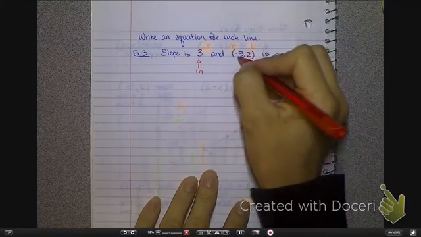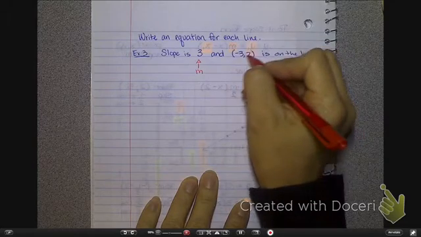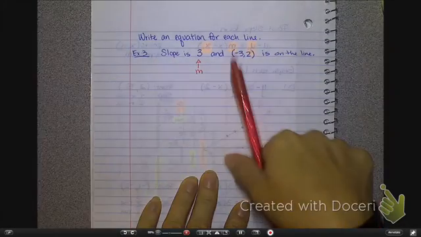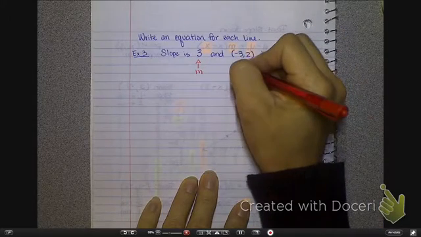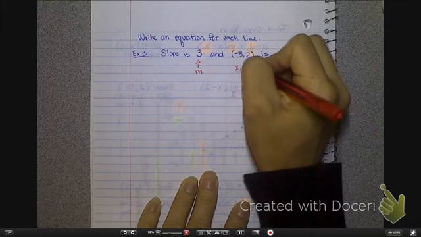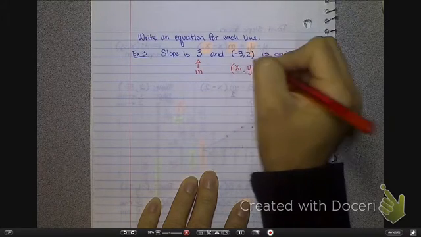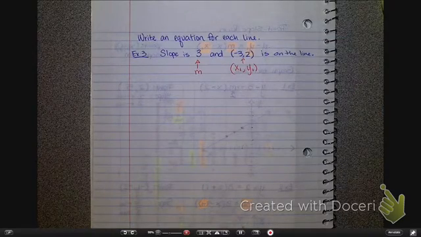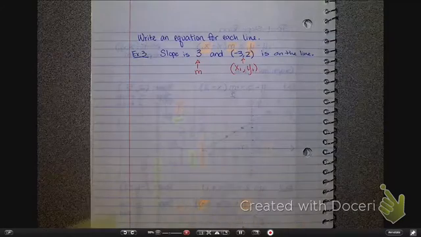This point, which one of these values is an x value? The first one or the second one? The first one. So the first one is your x1, and the second one is your y1. So this is your point that we're going to plug into our generic form of the equation.